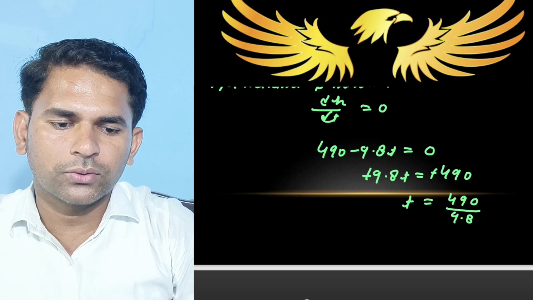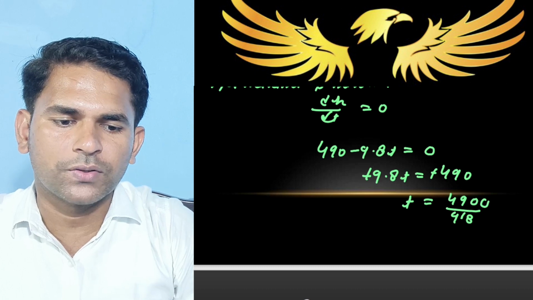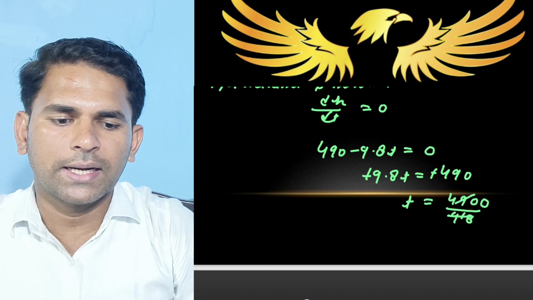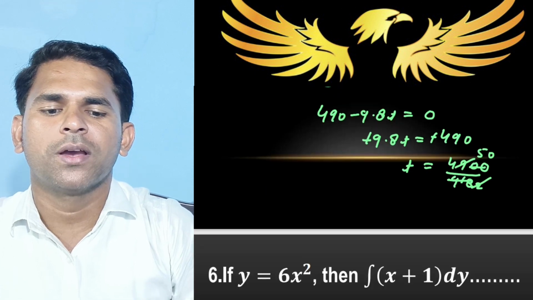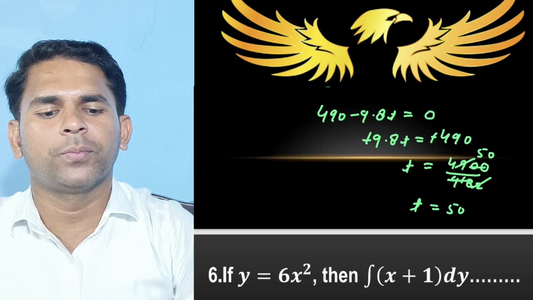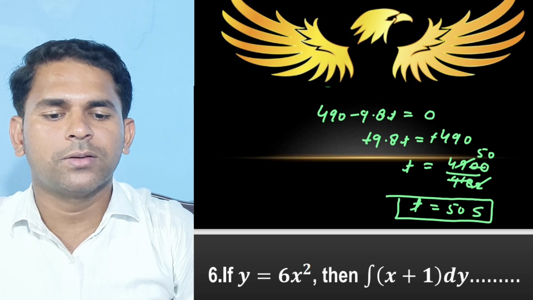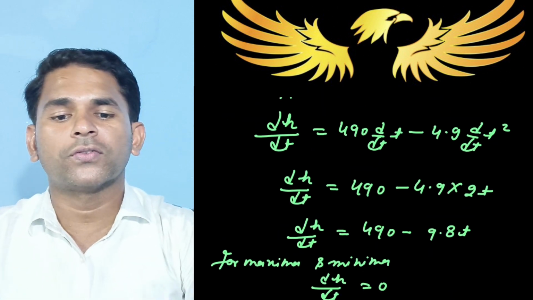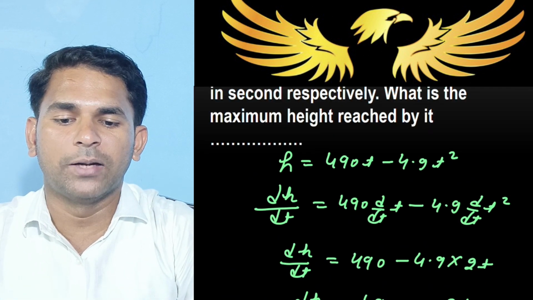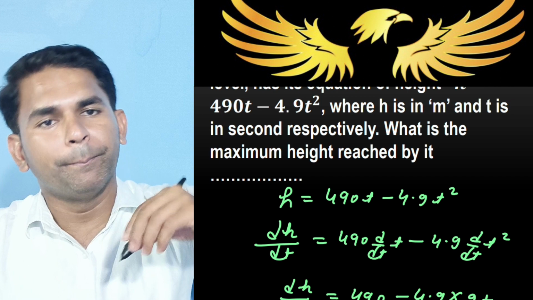Removing the decimal, here a 0 will increase, 49 times 2 is 98, and here is 50. It means finally t is equal to 50 seconds. It means when time is 50 seconds, the value of this function, this height, will be maximum.